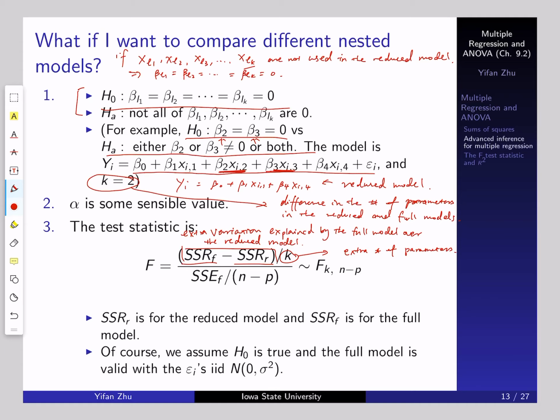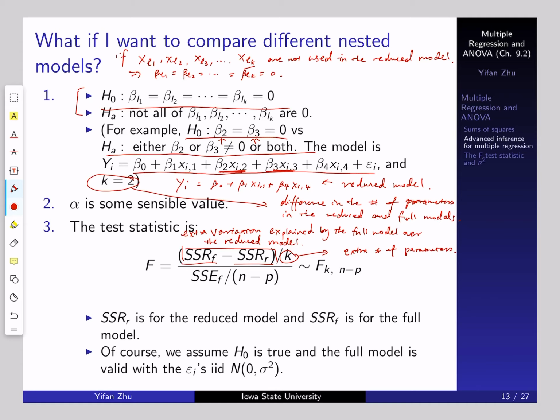It is all about testing the improvement in the variation explained by the model. So if the F value is high, that means a lot more variation can be explained by the full model, and that means the full model is a lot better than the reduced model.